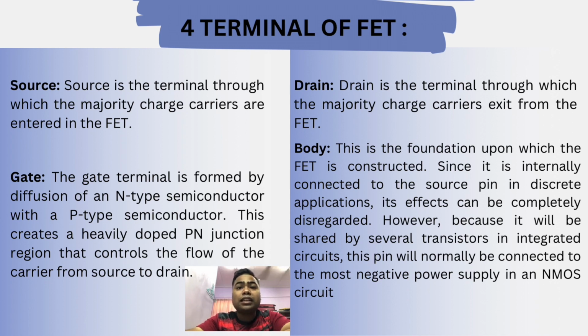This creates a heavily doped PN junction region that controls the flow of the carriers from source to drain. Third is drain. Drain is the terminal through which the majority charge carriers exit the FET.